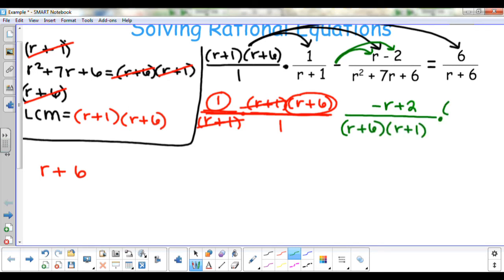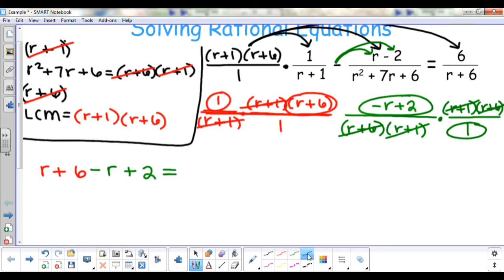So now this fraction will also be multiplied by r plus 1, r plus 6 over 1. It shares the r plus 6 and it shares the r plus 1. The only thing remaining in the numerator is the negative r plus 2, and that's over 1. So it'll just be minus r plus 2.